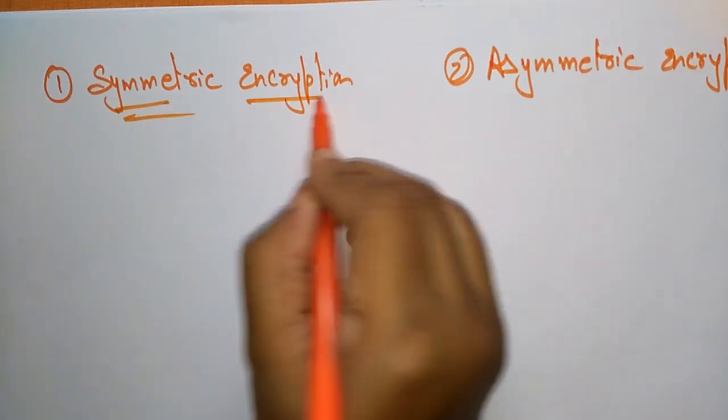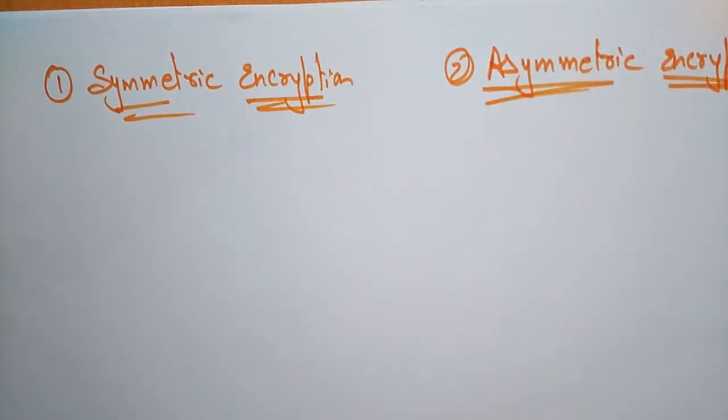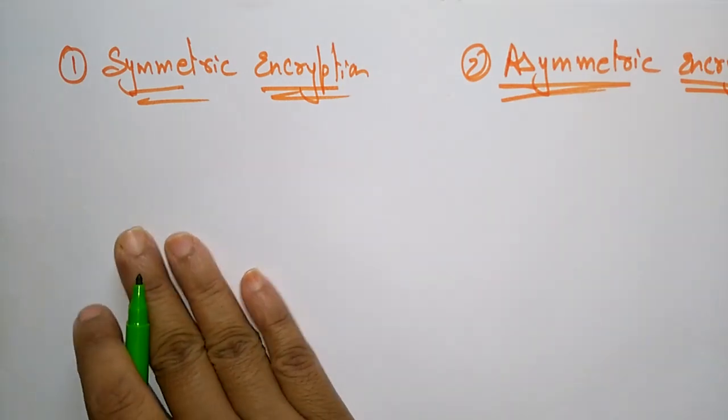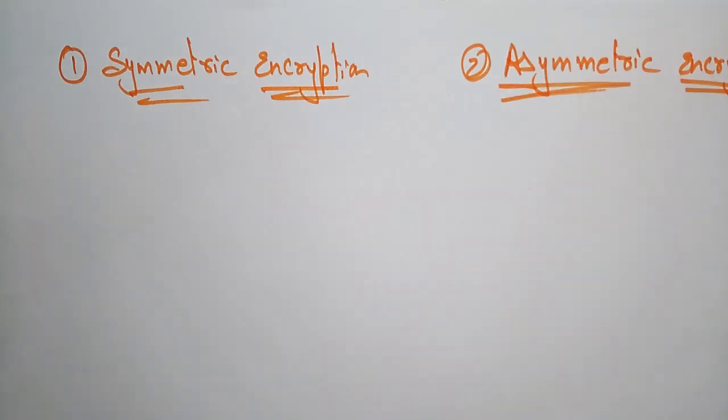Let me explain that. Symmetric encryption is nothing but it uses the same key for both encryption and decryption. If you want to transfer the plain text into an unreadable format, you need to encrypt the data. For encrypting you need one common key, and that key is used for both encryption as well as decryption.